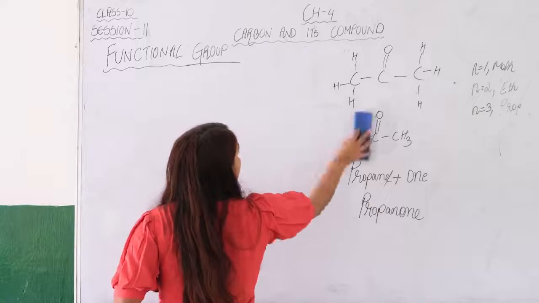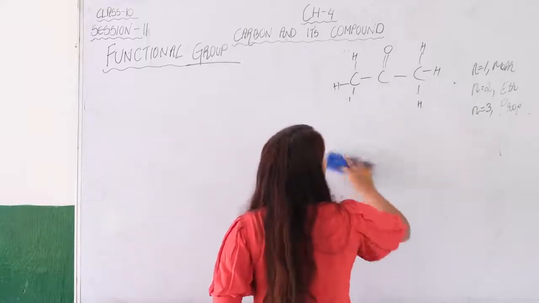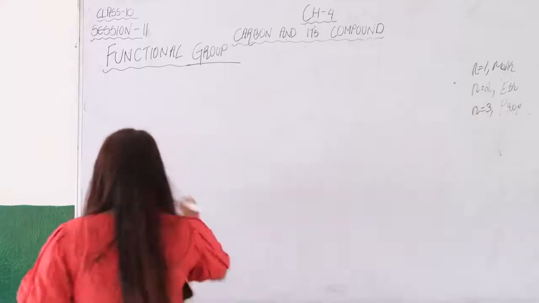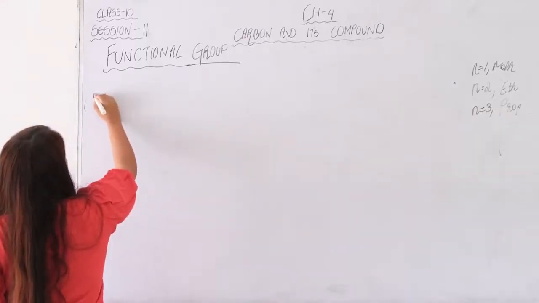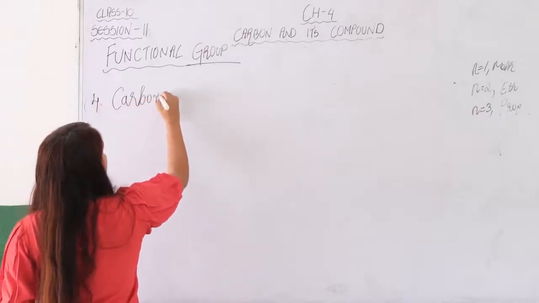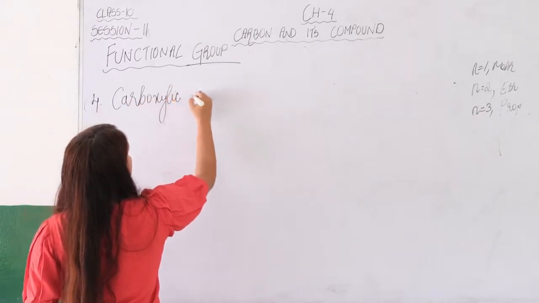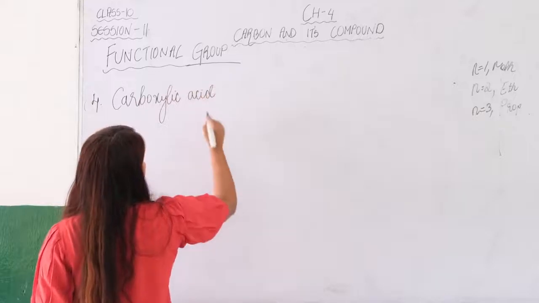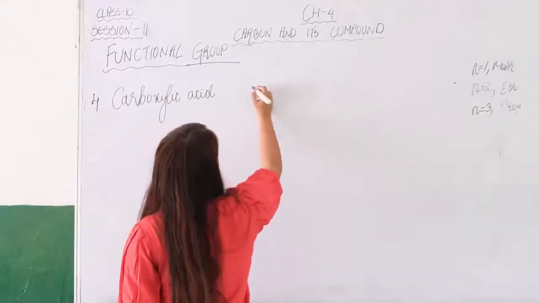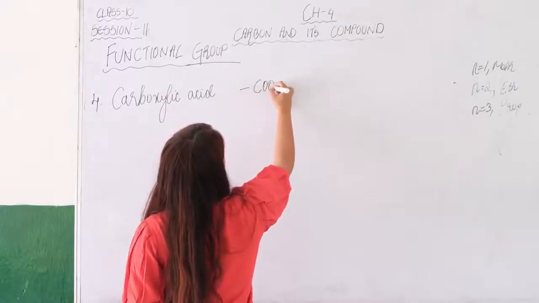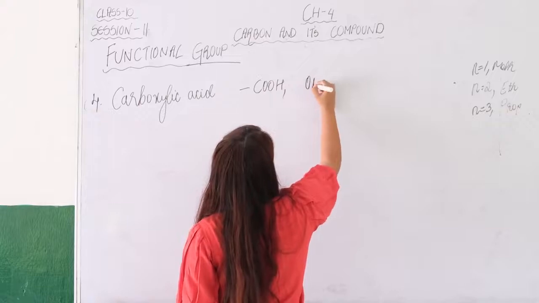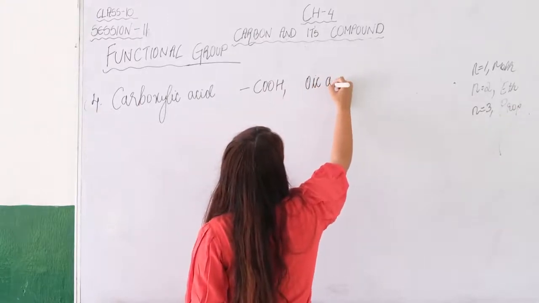Now let us see the 4th functional group, which is carboxylic acid. Carboxylic acid has the functional group COOH and it has the suffix which is oic acid.